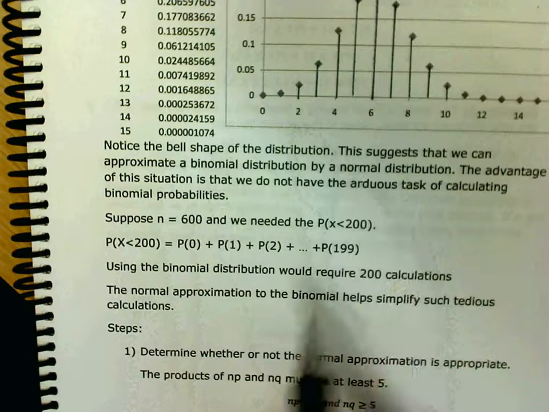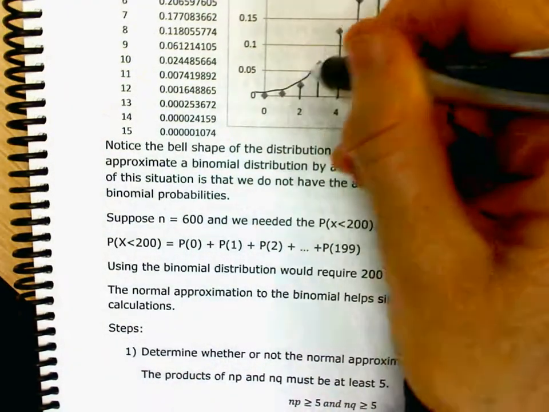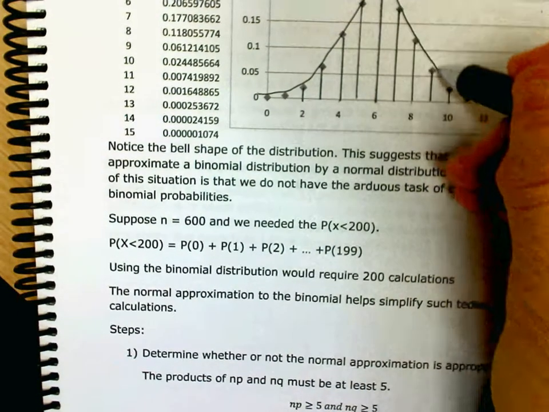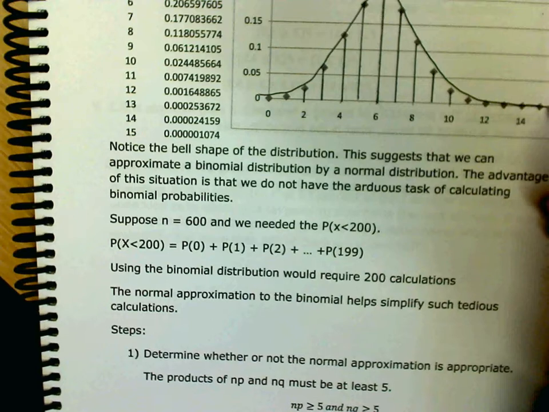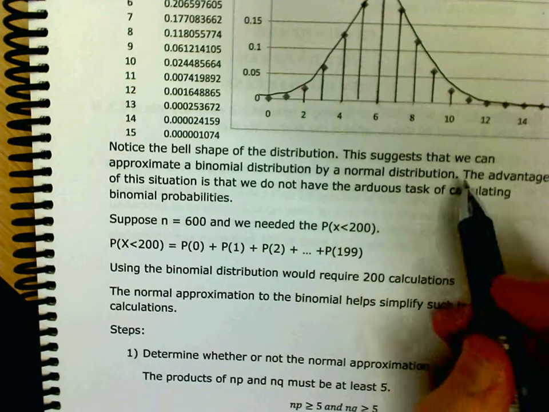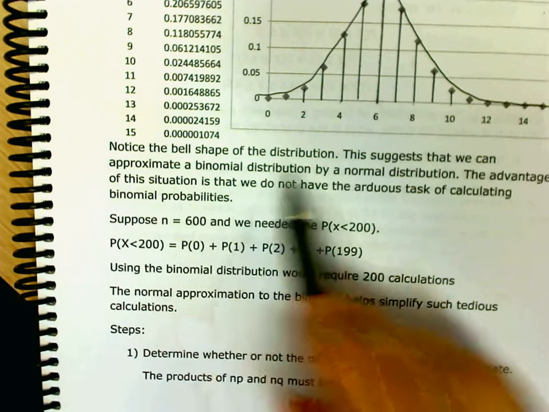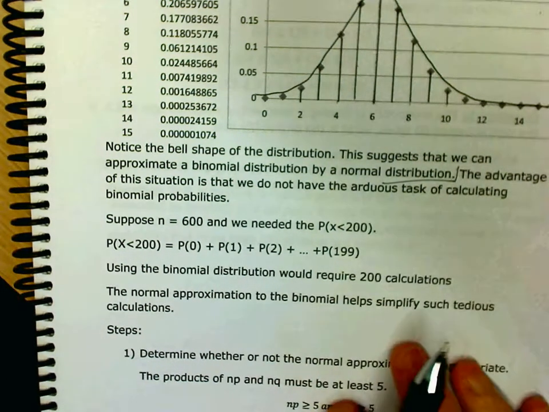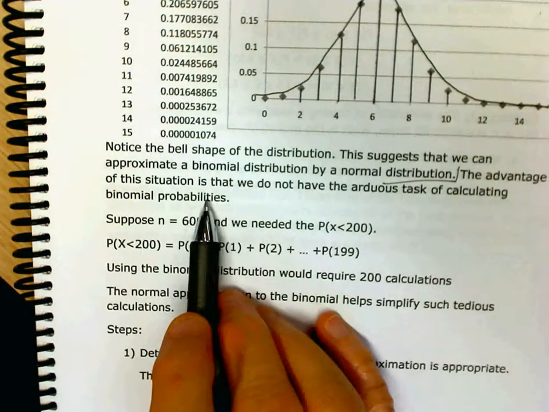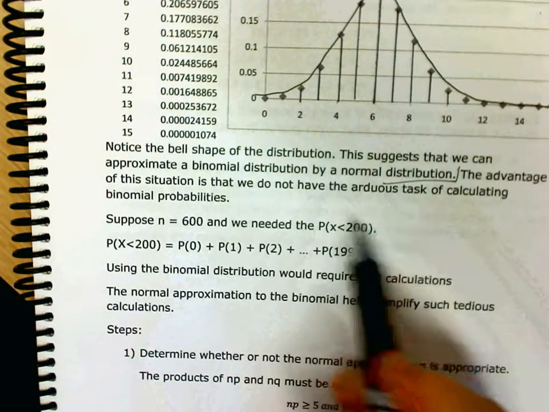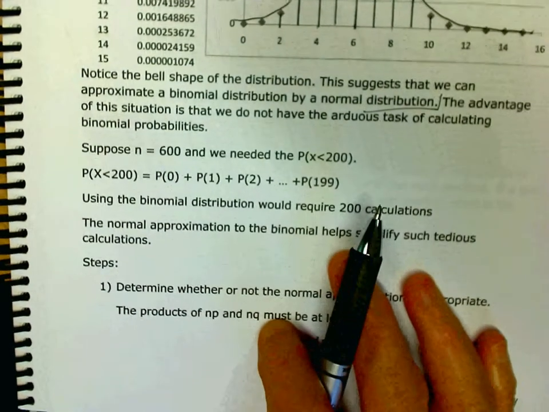Notice the bell shape of the distribution. This suggests that we can approximate the binomial distribution by a normal distribution. The advantage is we can save on a lot of calculation.